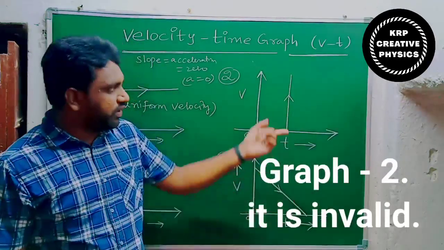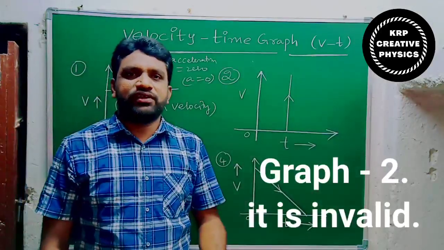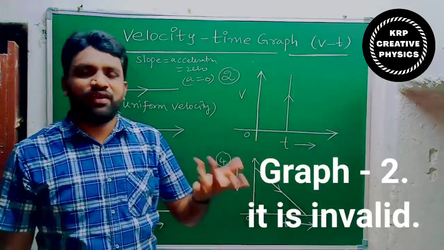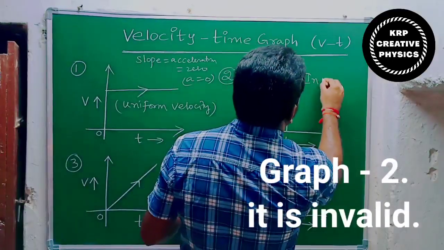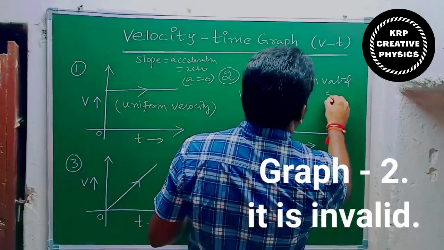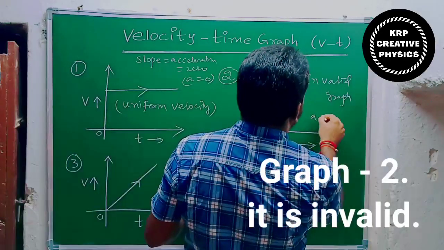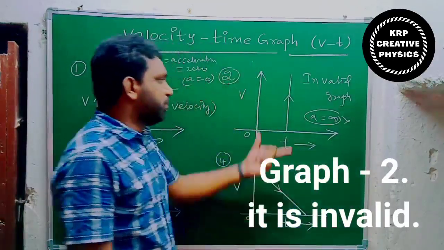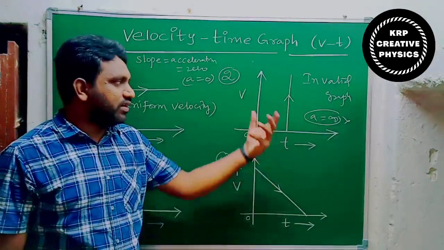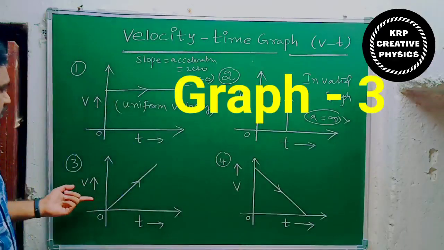Slope is infinity means acceleration is infinity. Is it possible here? Acceleration infinity, we cannot find that particular situation. So this is an invalid graph. Why? Because acceleration never becomes infinity. So it is impossible. This particular graph represents an invalid graph.